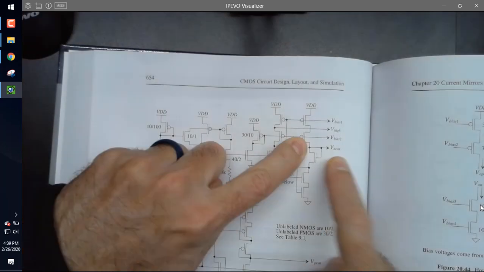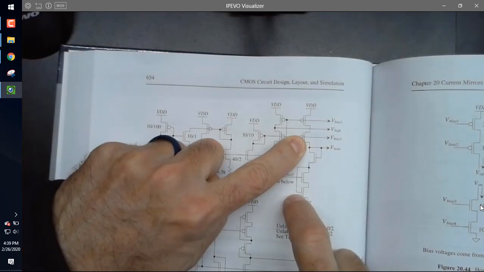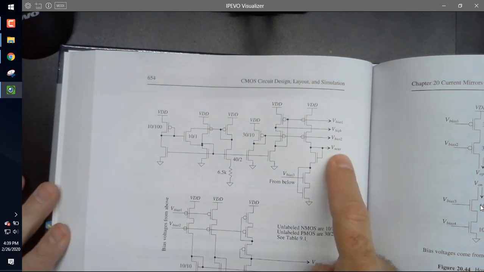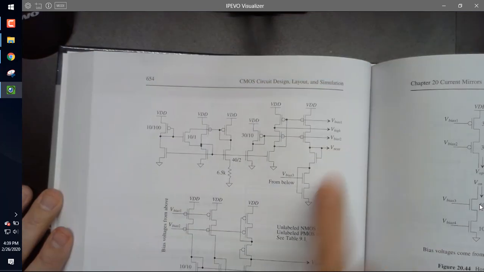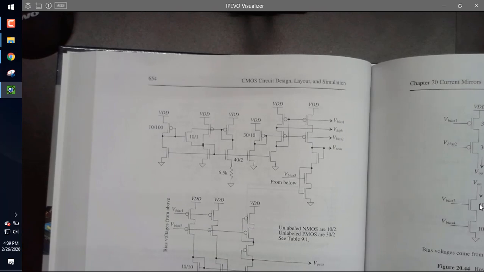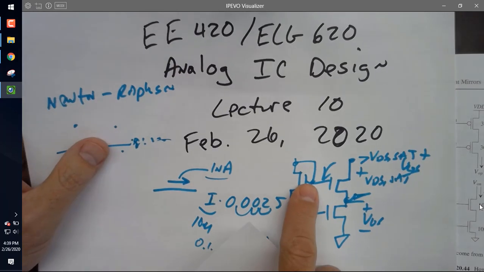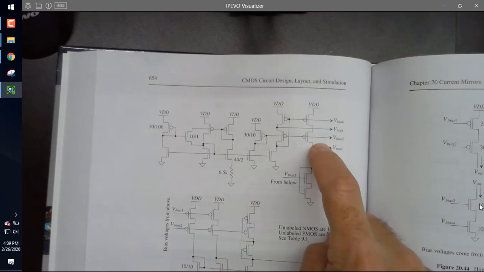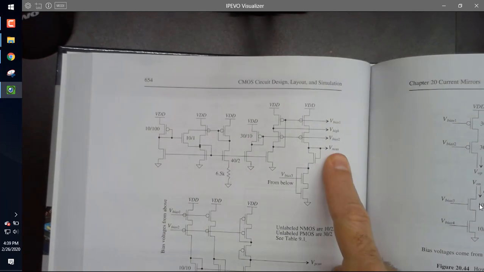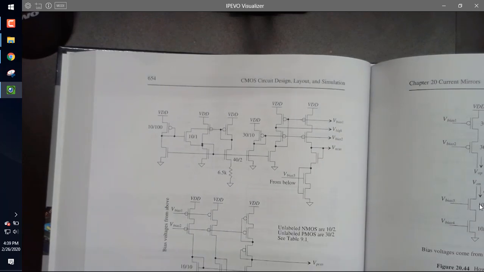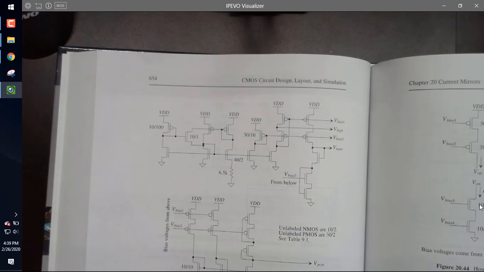That voltage is going to be a VGS plus a VGS. So there may be some situations where I want to have 2 VGSs for biasing. So here, I go ahead and throw that in, and I generate 2 VGS for the biasing. This V bias 3 comes from down there, we'll look at in a moment.